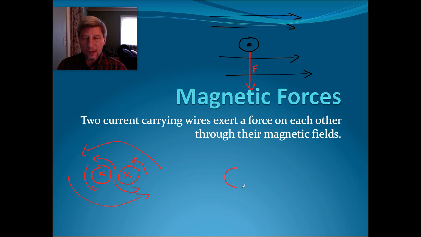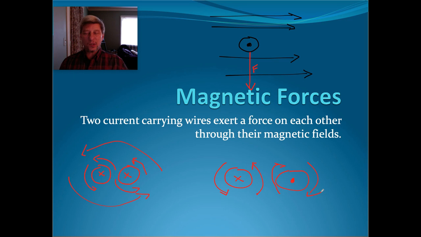But on the other hand, if I have one wire where the current is flowing into the screen and another wire where the current is flowing out of the screen, well, here the magnetic force is going counterclockwise, but here, whoops, it's going clockwise. I'm sorry, I'm drawing this with a mouse. It's not an easy thing to do.